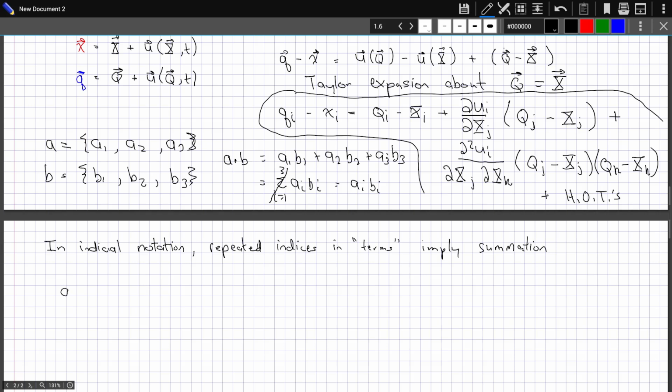I'll write qi minus Xi, that equals, now I'm going to do something a little bit different here.